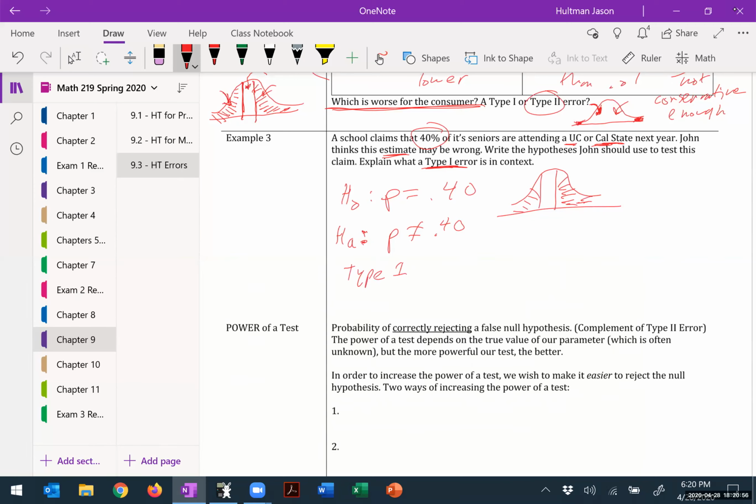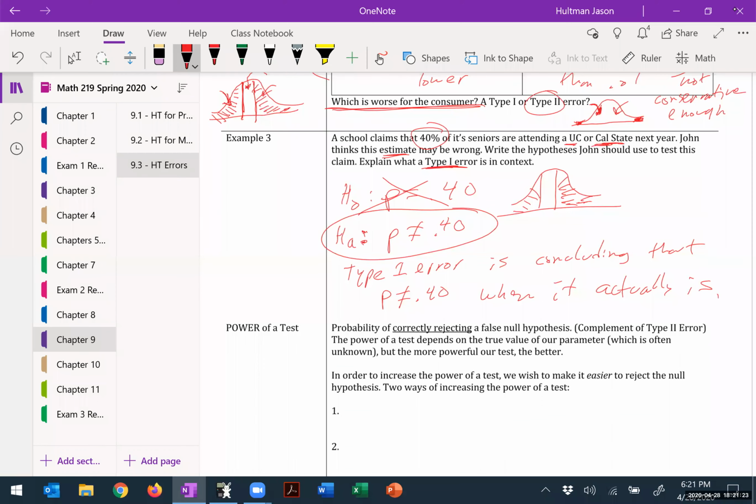Type 1 error is concluding, okay, we would reject the null and we would accept the alternative. We reject our H0. Type 1 error is concluding that the probability is not equal to 40% when it actually is. Okay, that's type 1 error.